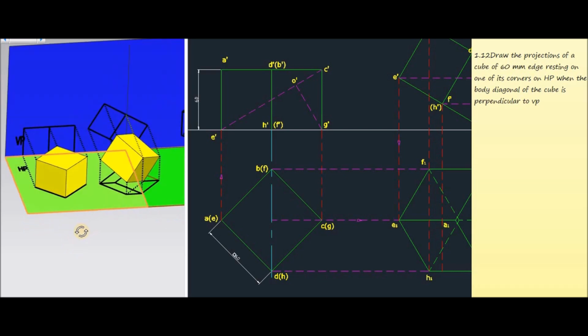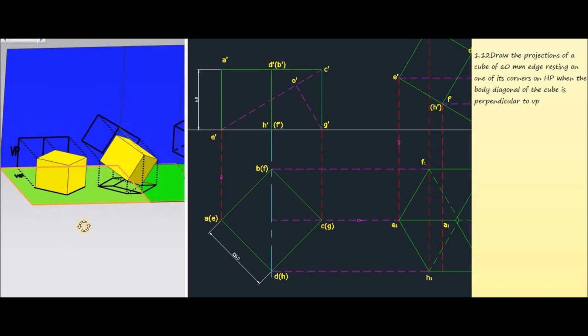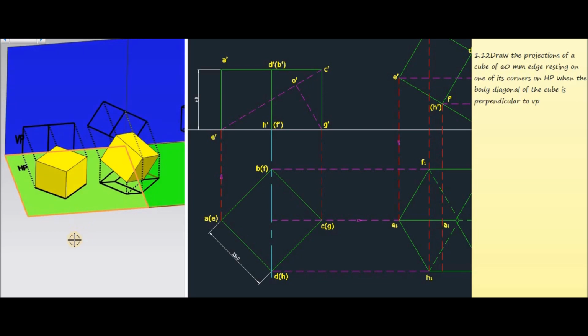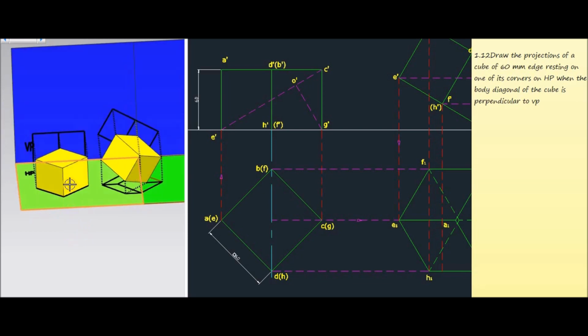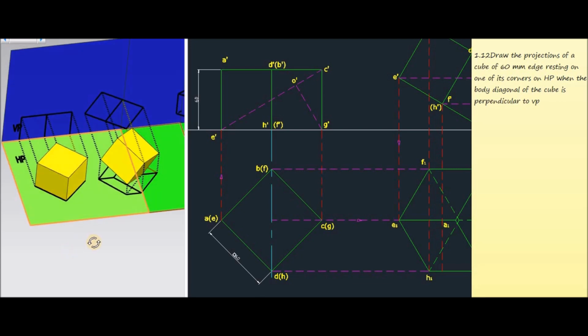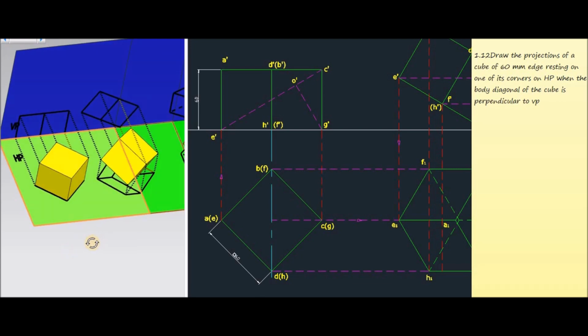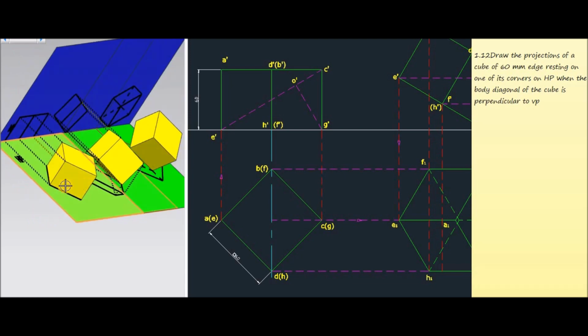Now in order to get the front view corresponding to the initial stage, we have to observe the cube from the front side, and for getting the front view in the vertical plane we have to project all the top corners into the vertical plane. Also we have to project all the bottom corners into the vertical plane.